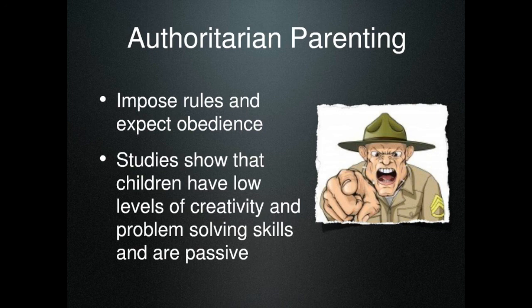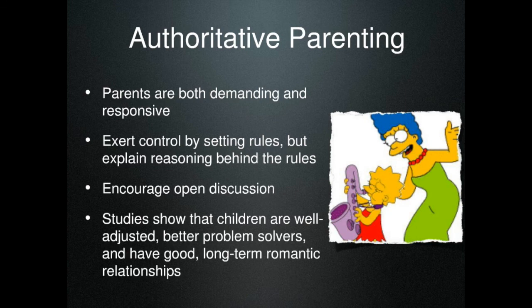These kids have low levels of creativity and problem-solving skills. They're very passive. And then there's the authoritative parent, which is Marge, open to discussion, exert control by setting rules, but explaining why those rules are created, those kind of things. And it's shown that these kids are well-adjusted, better problem solvers, have good long-term romantic relationships and stuff. So that's the type of parenting style that we all want to try to emulate.